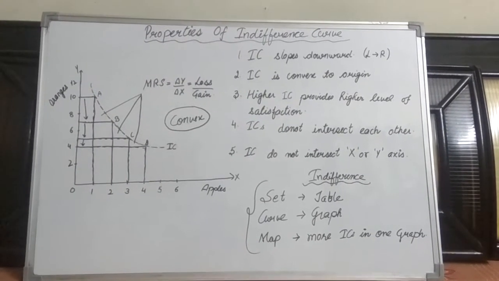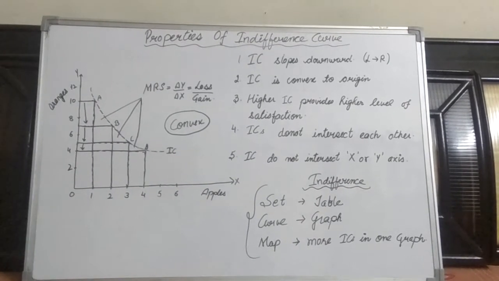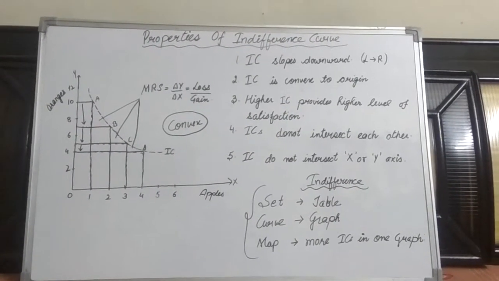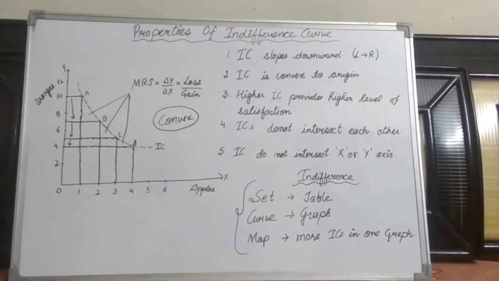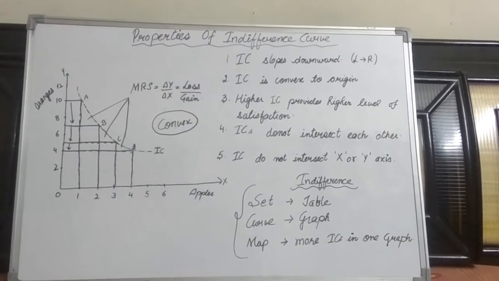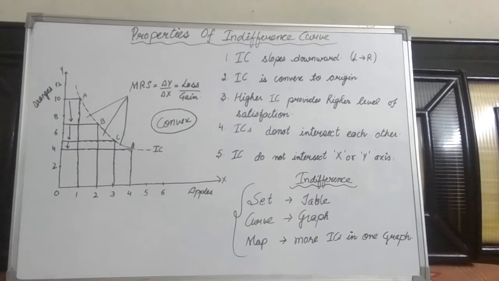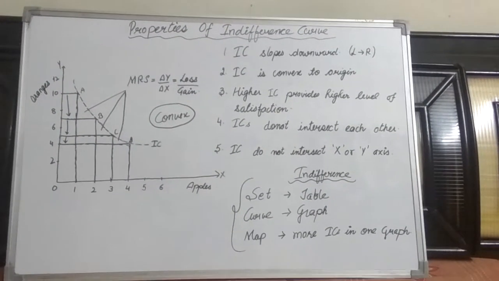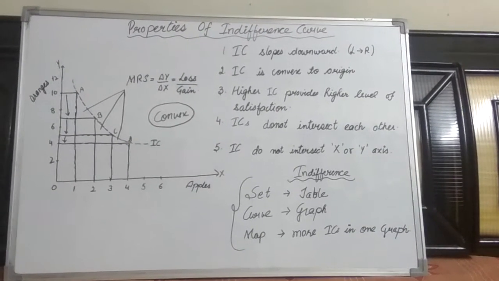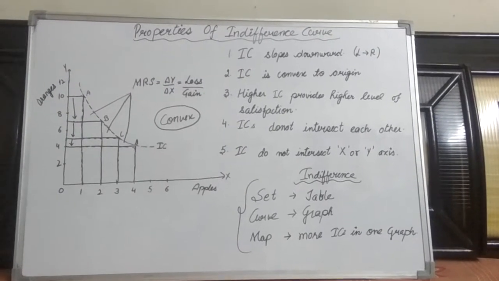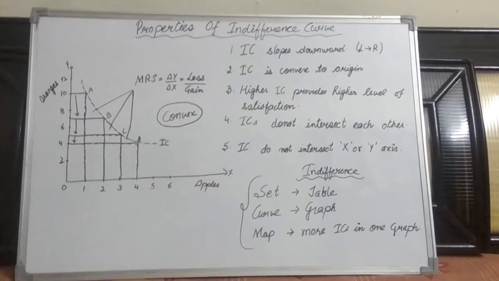The largest triangular area is AB, the next area BC is smaller than the previous one, and the triangular area between points C and D is the smallest. It shows that the value of MRS is decreasing, and due to this decreasing value of MRS, the shape of the indifference curve became convex to the origin, because in order to attain more of good X, the consumer has to sacrifice some units of good Y.